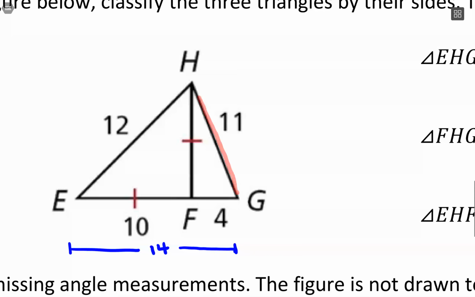We have this side length of 11 here. Then we do have a missing side length in here, this HF. However, that notation there with the tick marks, which we know lines up with that 10, implies this side length over here is also 10. So that notation helps simplify the image so you don't have to write all of the numbers over and over again. If you have the same values, you can just use that notation to show it.